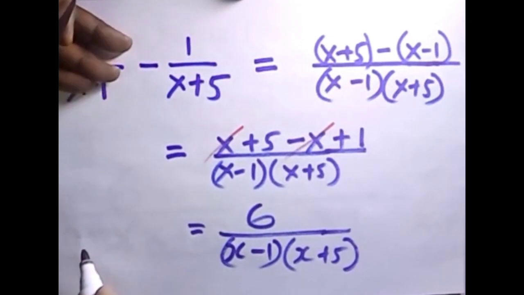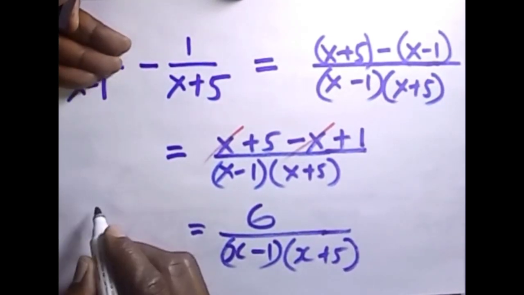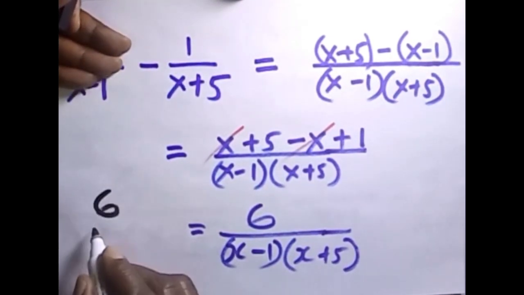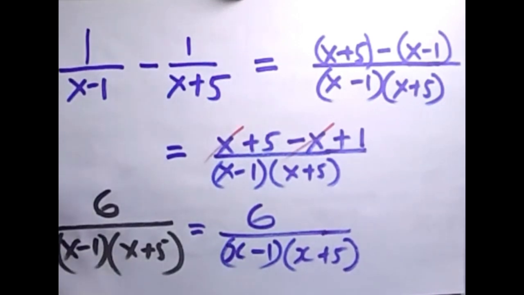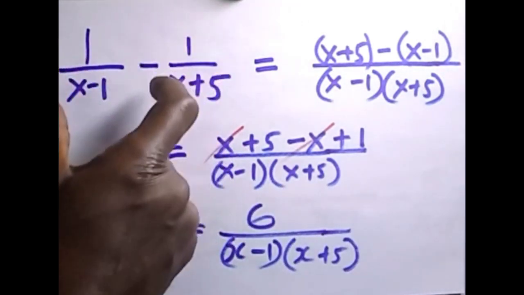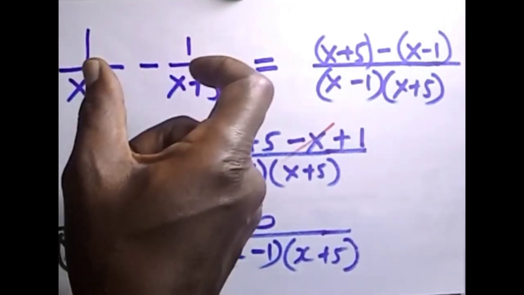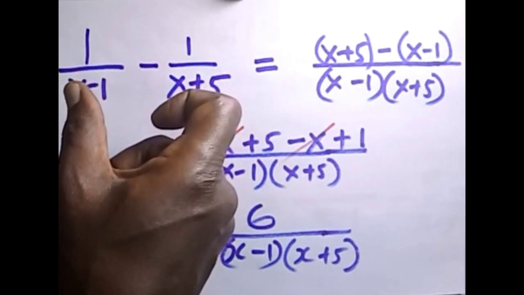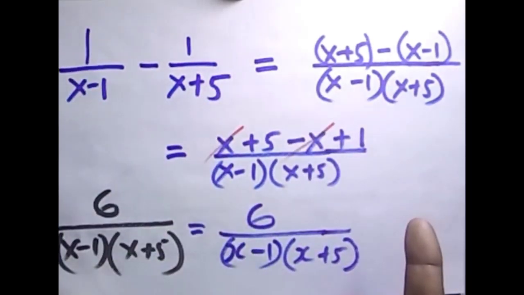And hey guys, that is simply where we started from. So that's the idea. When you decompose partial fractions, if you solve it properly, you'll be able to get two simpler fractions like we got here. And having those two simpler fractions, we were able to go ahead and do our integral.